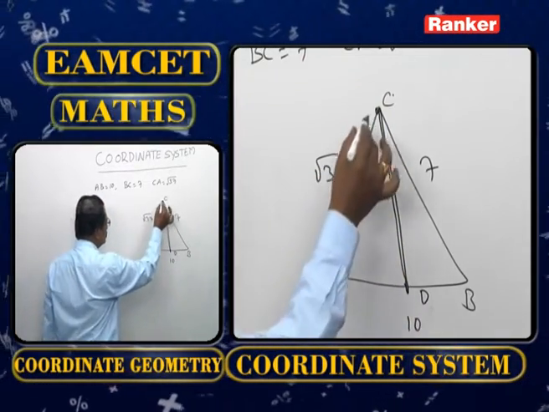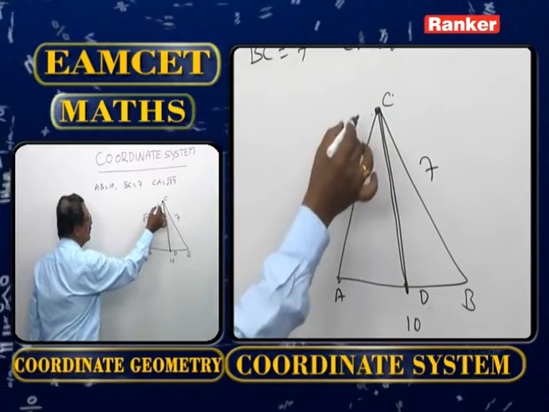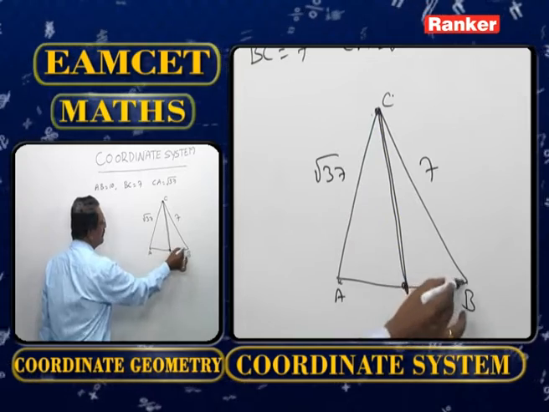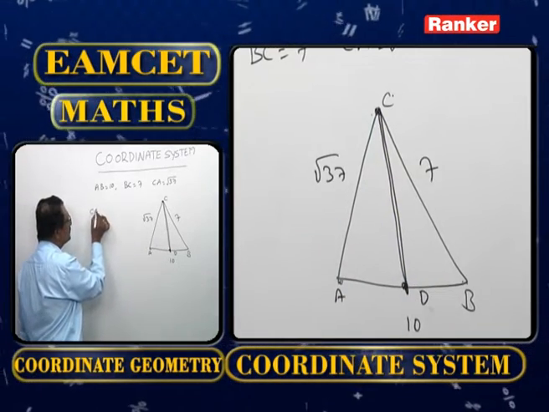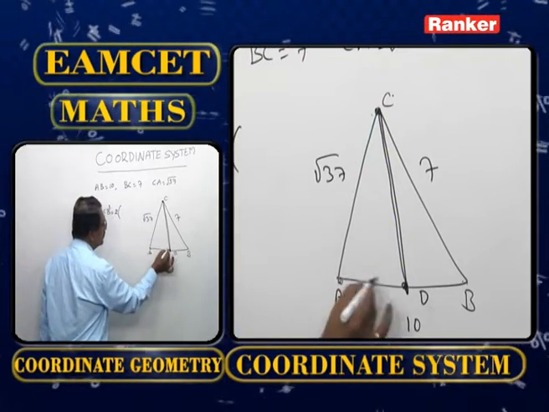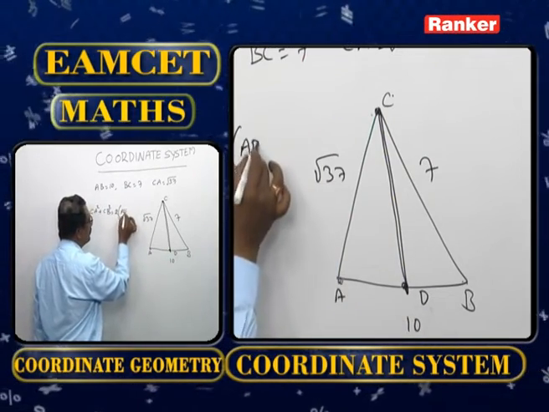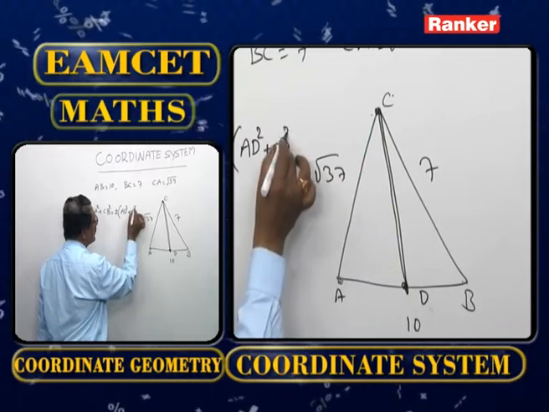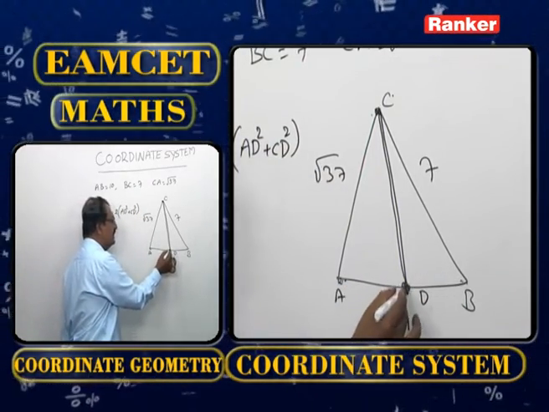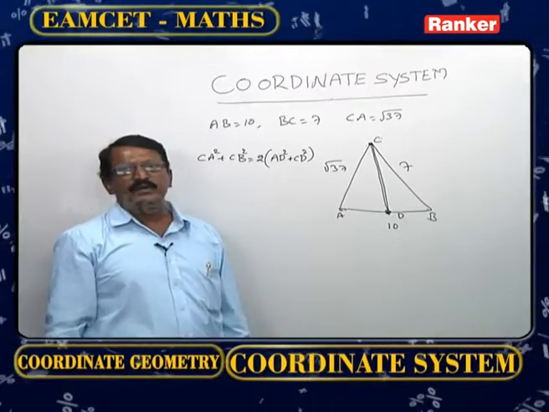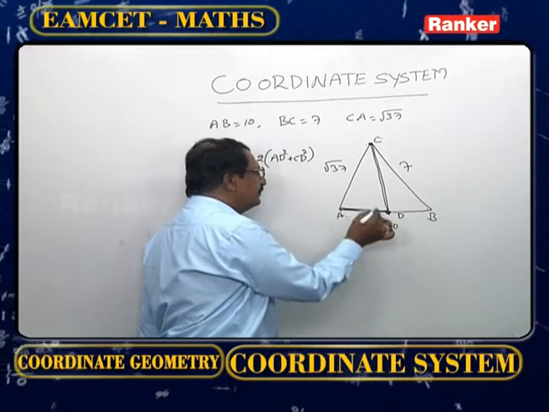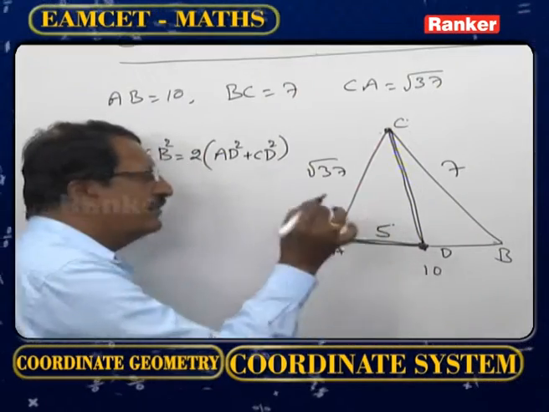Now in triangle ABC, if D is the midpoint of AB, then CA squared plus CB squared equals 2 times (AD squared plus CD squared). Here the length of the side AB equals 10, and D is the midpoint of AB, so AD equals 5 units.